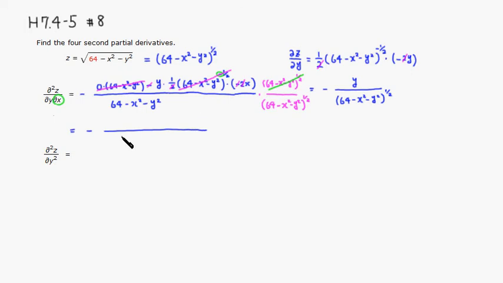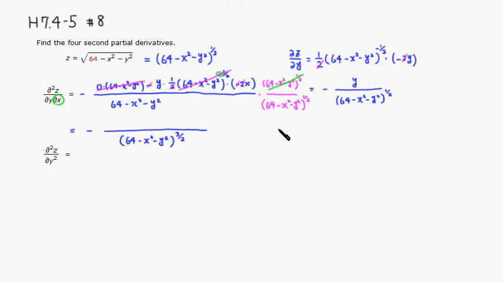All right, on the bottom you have a quantity 64 minus x squared minus y squared, right? Then combine that, so it's a 1 plus 1/2 is 3 halves, right? Then what's left on top?